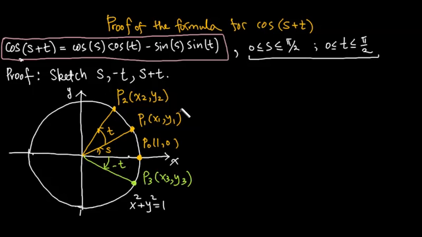Next, you have to associate all these points with their angles. This point is associated with the angle S plus T; it's the terminal point of that angle. This point here is associated with the angle S. And this one is just 0.